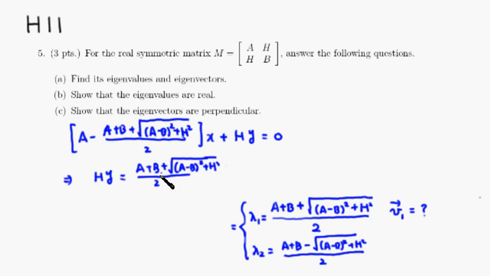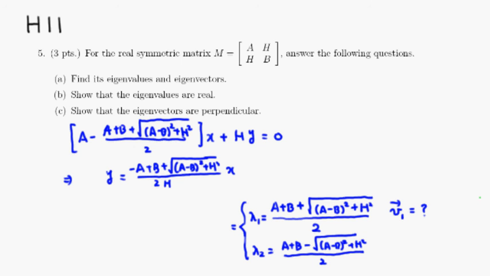So it's going to be negative a over 2, times x. Then here you can divide through by h. So this is the equation that x and y of the eigenvector have to satisfy.